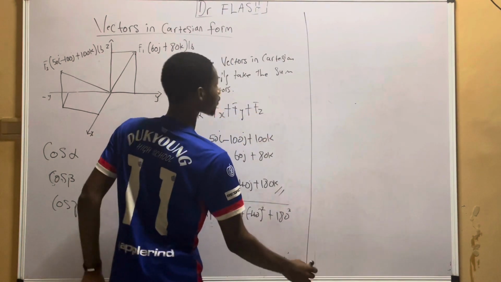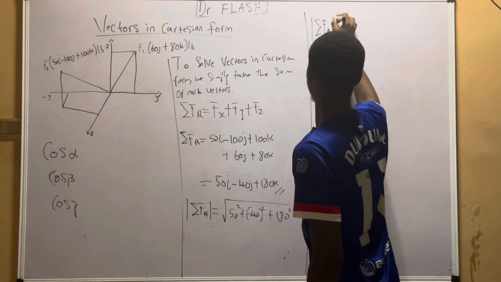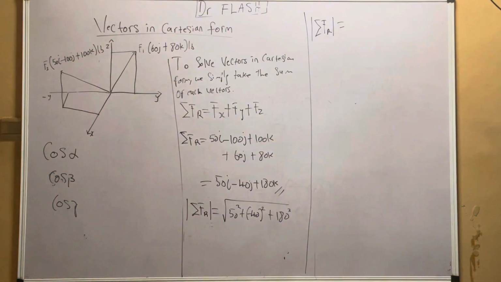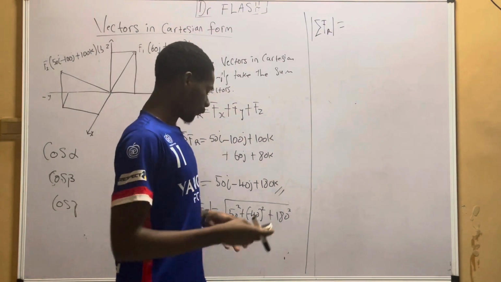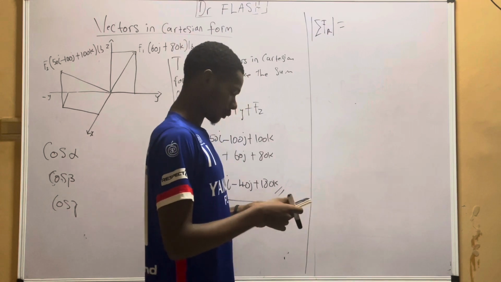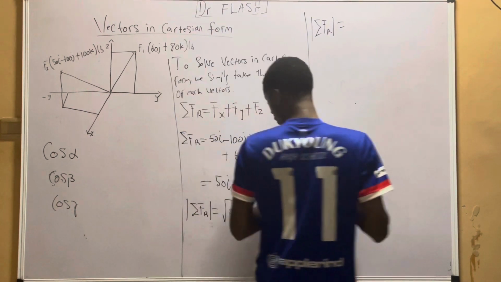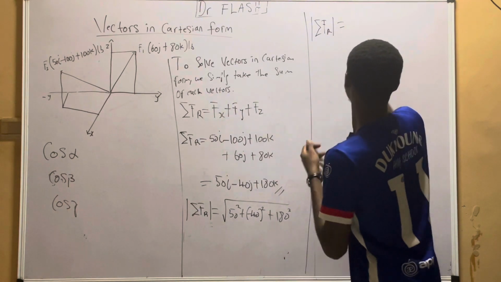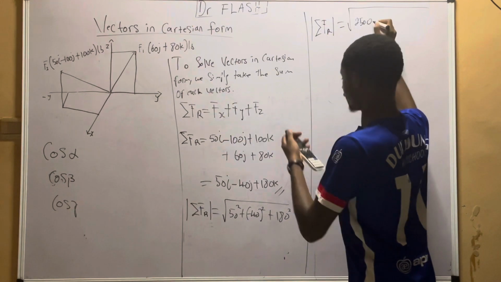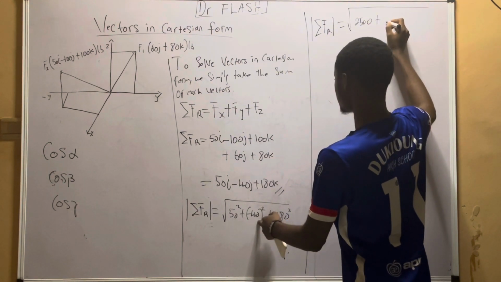We're going to have sigma f of r, and that is going to equal 50 squared, which gives us 2500, plus minus 40 squared.